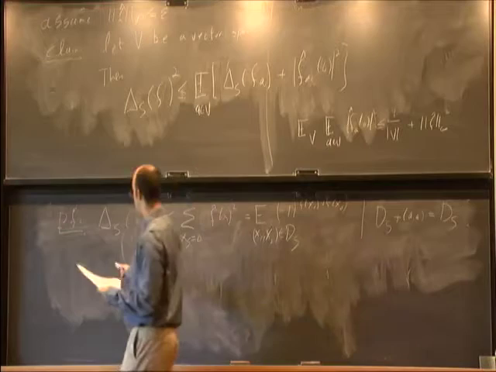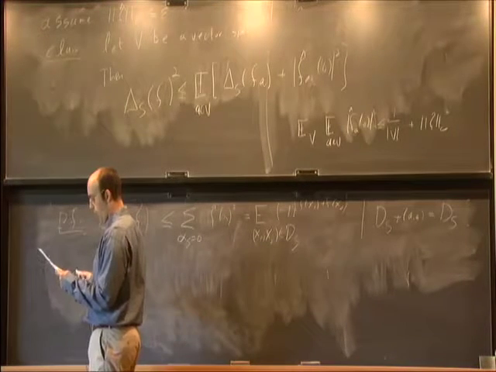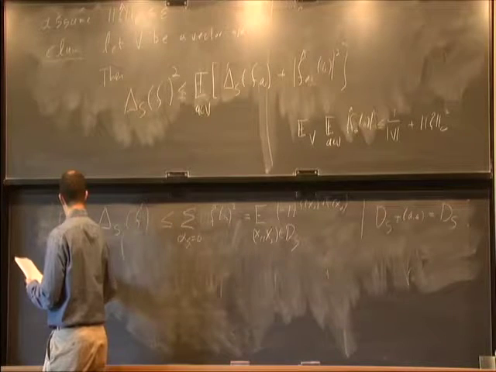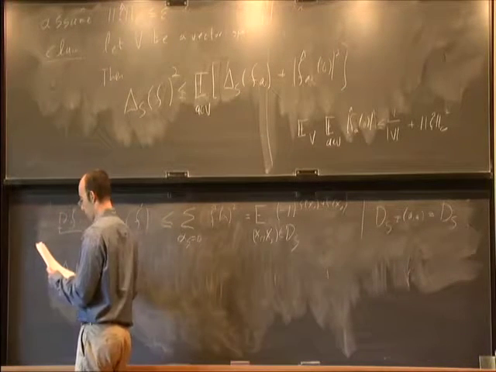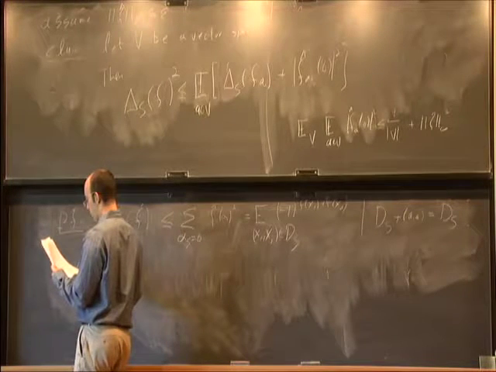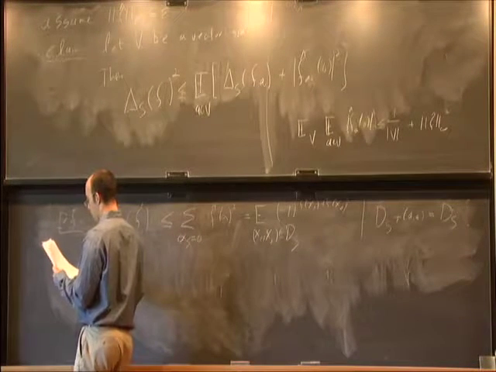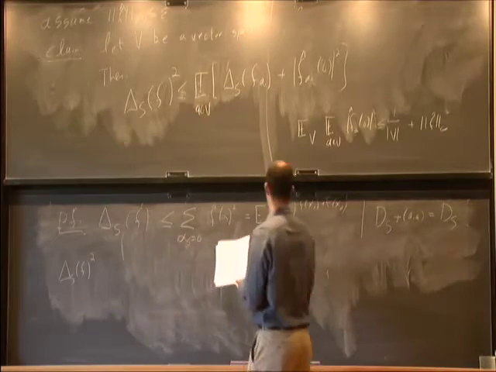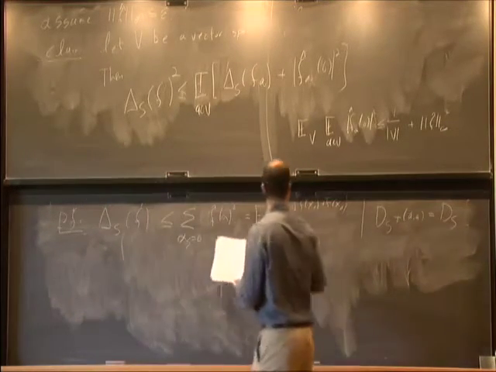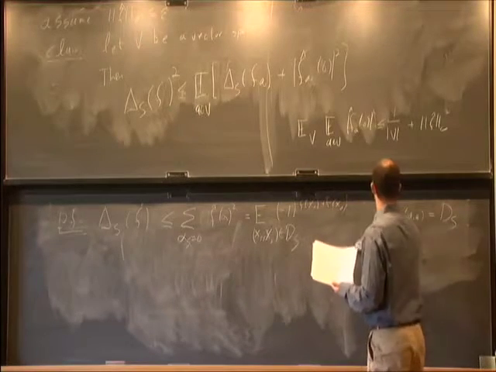So how do we use it? Well, we do it the following way. Now we're using Cauchy-Schwarz. Okay, sorry, here I want to say something else before that. I'll just write the same quantity in a different way.